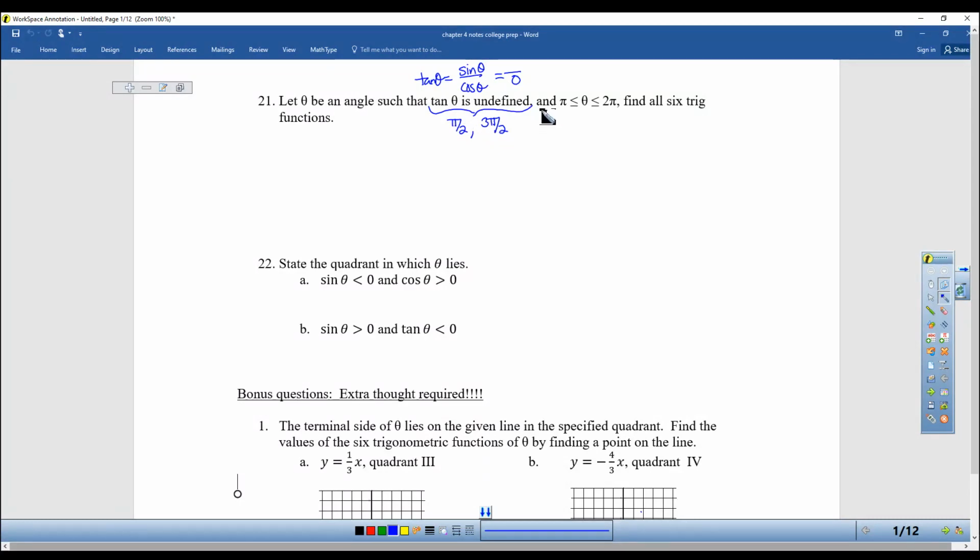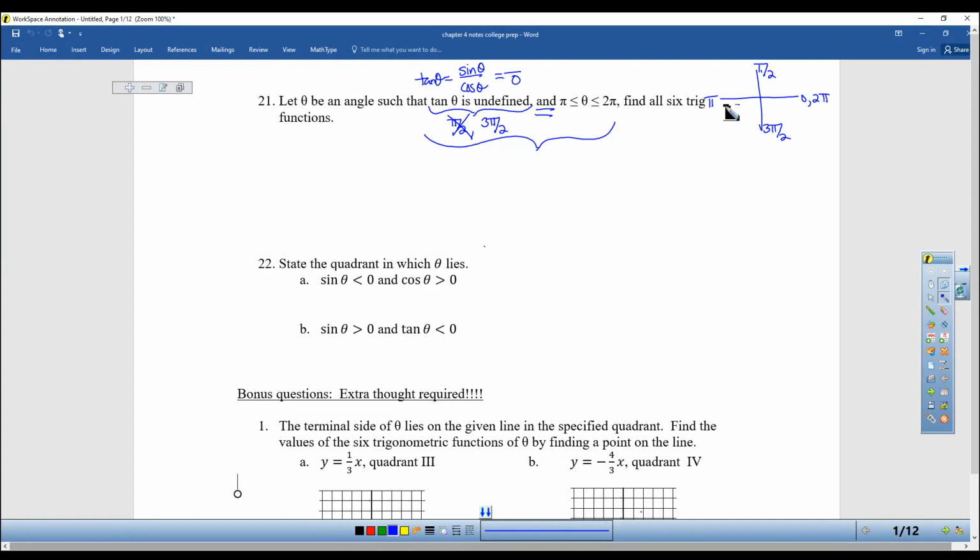And cosine is 0 at pi halves and 3 pi halves. But they've narrowed it down even further, and they want the theta between pi and 2 pi. And putting both of those pieces together, we rule out pi halves. Remember, on your unit circle, this is 0, pi, pi halves, and 3 pi halves. And then when you go all the way around, you'll be back at 2 pi.